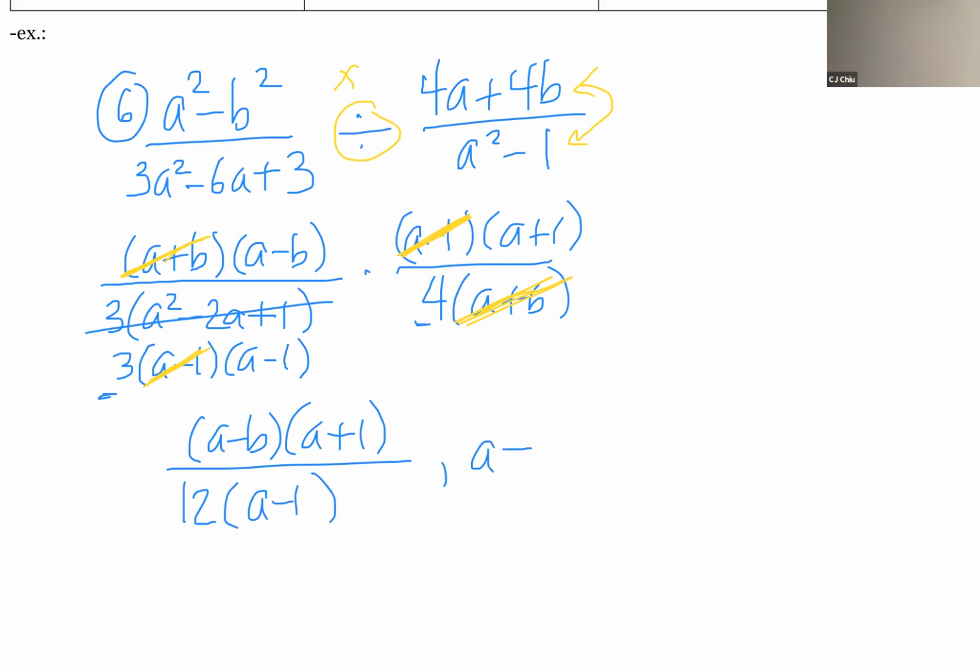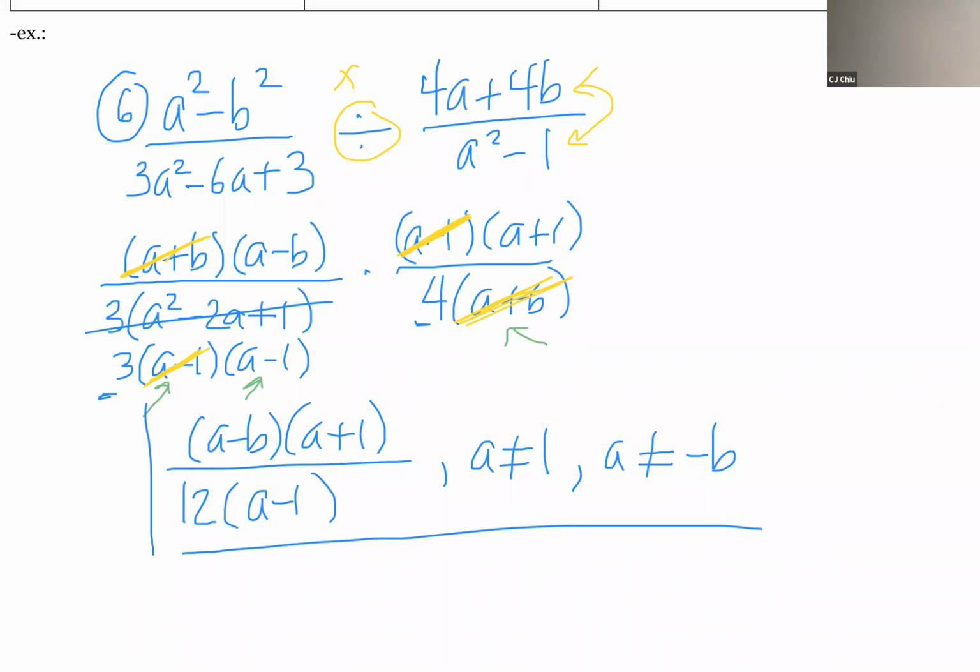A is not equal to 1, and a is not equal to negative b, okay? Because if a is equal to negative b, then that will equal 0, okay? So a is not equal to 1, and then a is not equal to negative b, okay?